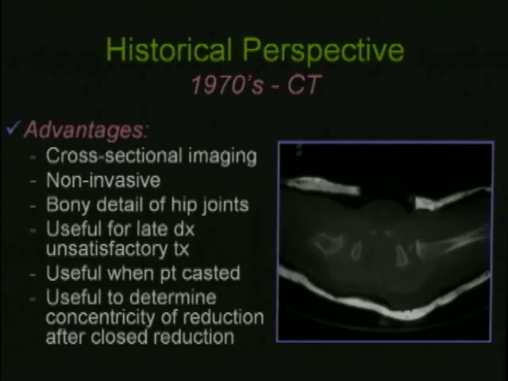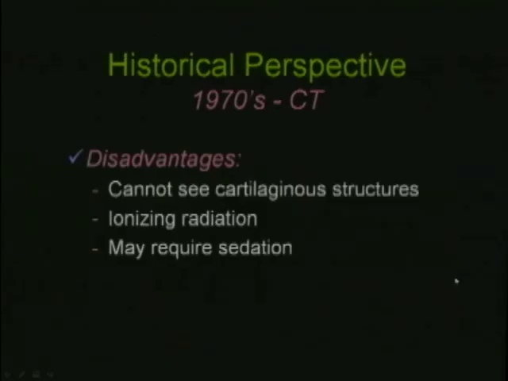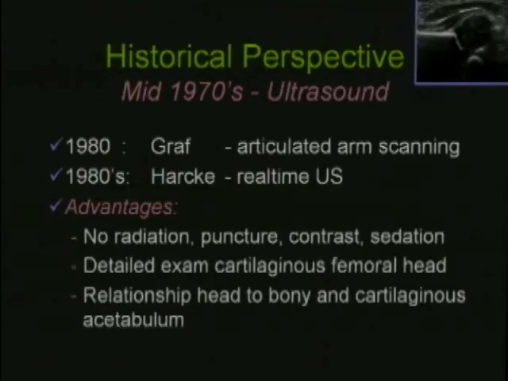It could be done, as we see here, with a patient in a cast, and was useful to determine the concentricity of reduction after closed reduction. But we couldn't see cartilaginous structures, and so it really wasn't ideal for the evaluation of the unossified femoral head. The children were being radiated as part of the procedure, and they may require sedation.